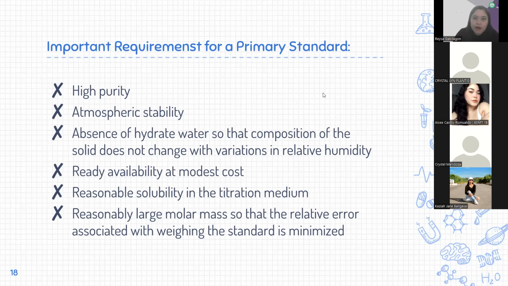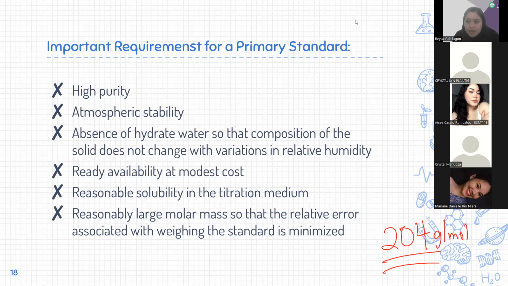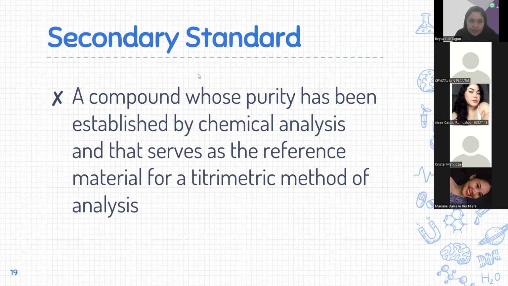So just like our potassium hydrogen phthalate, I believe it has really a large molar mass. If I remember it correctly, it's 204 grams per mole. Ito yung mga requirements for a substance to be considered a primary standard and can be used during the titration process. Okay?